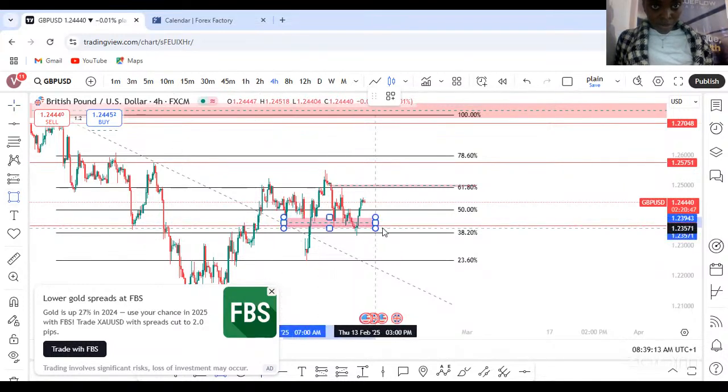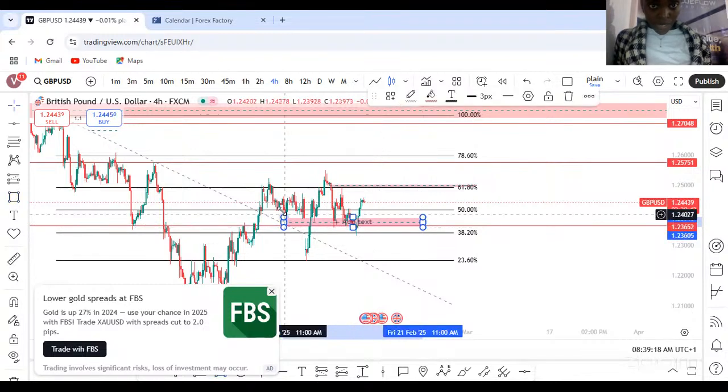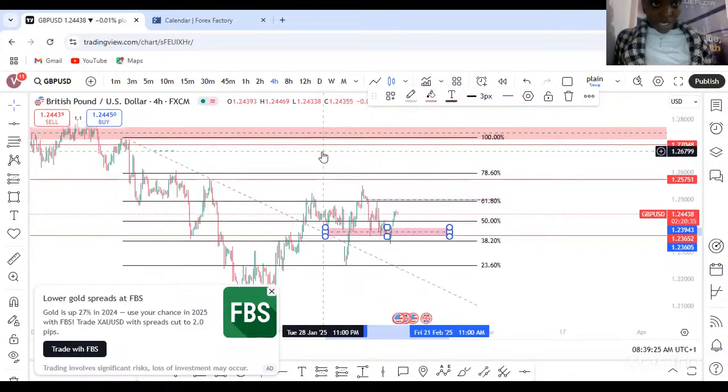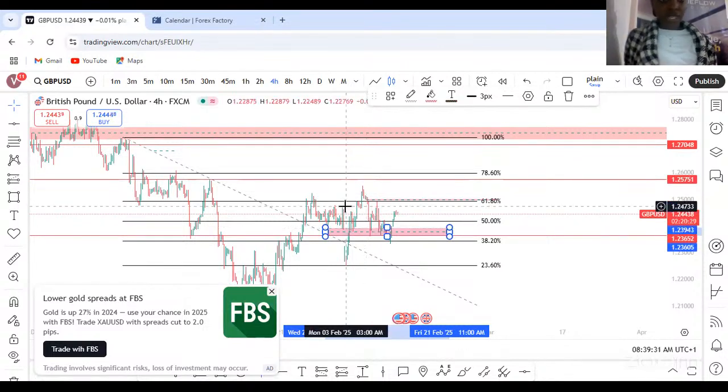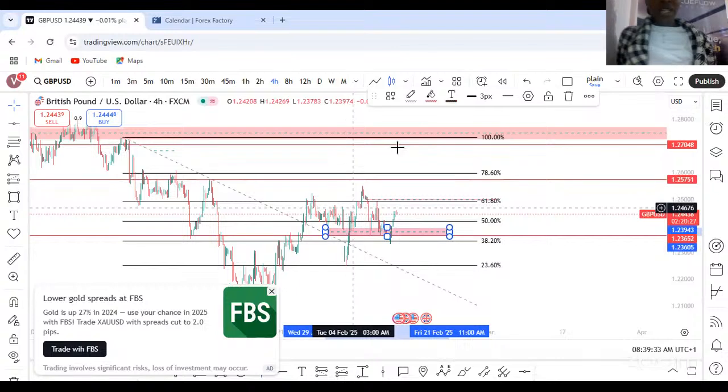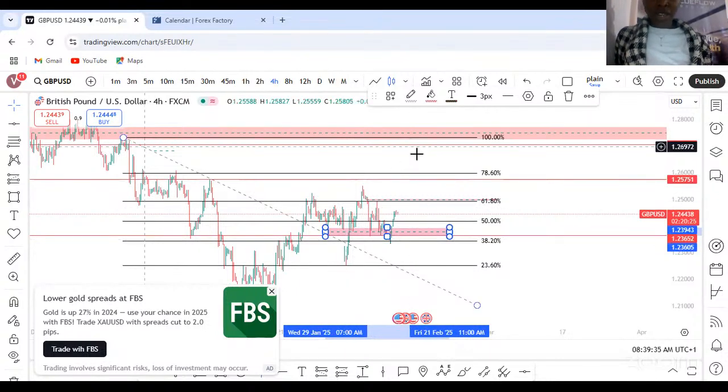If you were looking out for it, you would have seen when price tapped into this left shoulder and we're seeing some push to the upside all the way into this other block residing again at 1.27048.